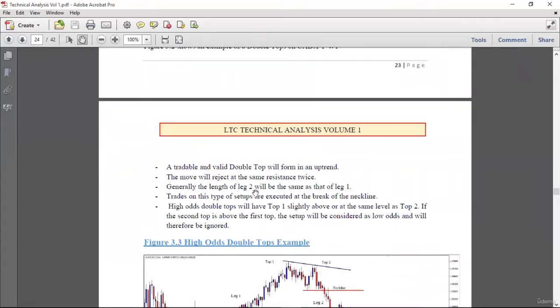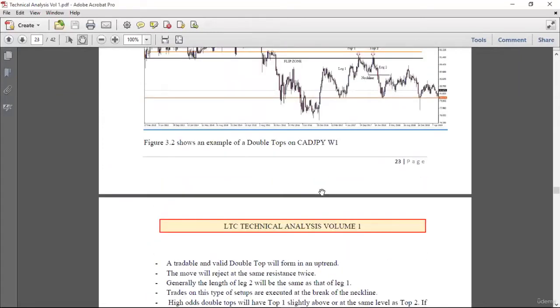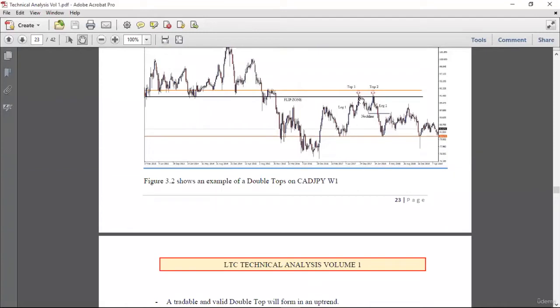Generally, the length of leg 2 will be the same as that of leg 1. So if this is leg 1, and this is 100 pips, leg 2 will also be 100 pips. But that would be if they are rejecting at the same price.